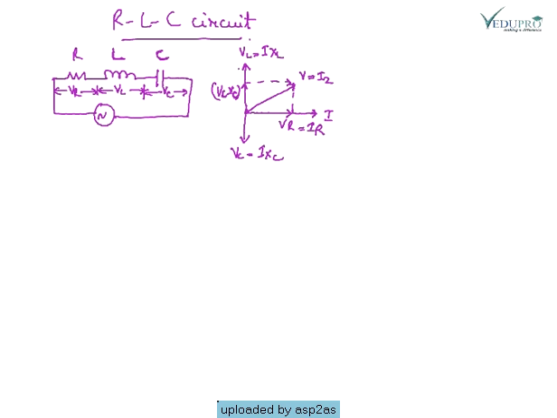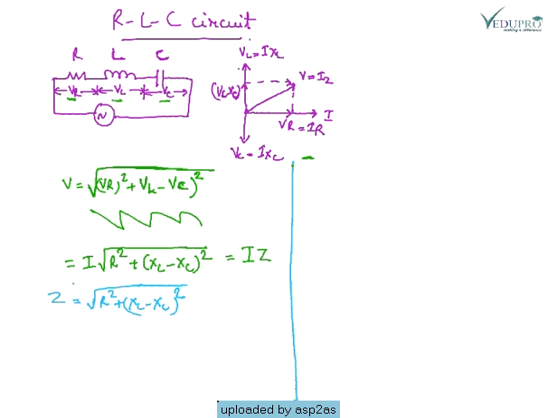This is the RLC circuit. R, L and C are connected in series. The drop across R is I into R, the drop across L is I into XL, and the drop across C is I into XC. This is the phasor diagram of the circuit.